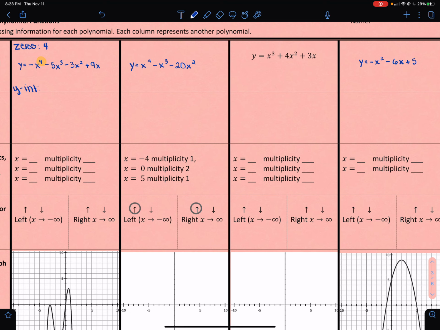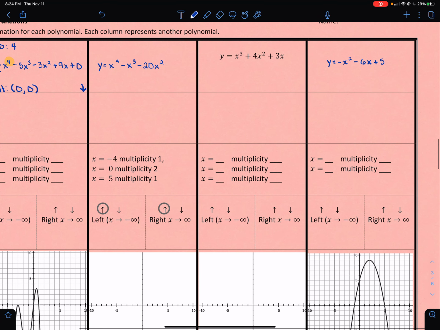Well, there is no constant value, so that means our constant term is 0. So our y-intercept is 0, 0. Then I'm looking at our a value in front of the highest degree. Our a value is negative, which means the right side of the graph is going to point down.